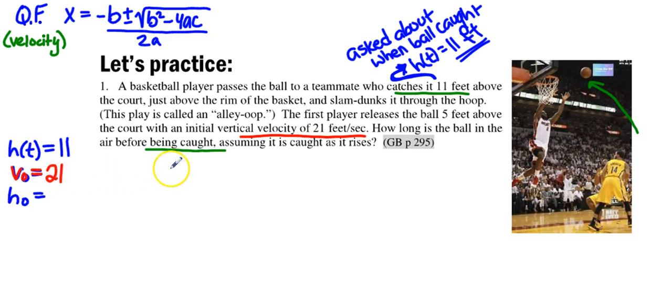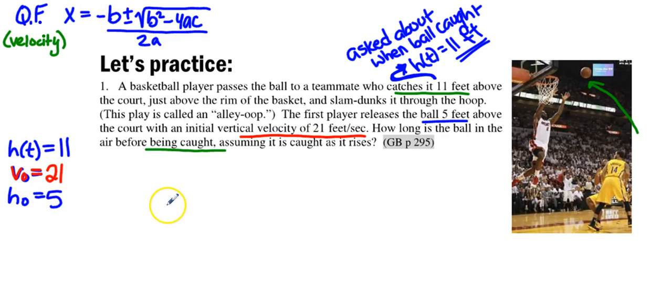And the very last piece of information I need is my initial height. So at what height was the ball released? Where did the ball start from? Reading for information, the first player releases the ball at 5 feet. So I know my initial height is 5.